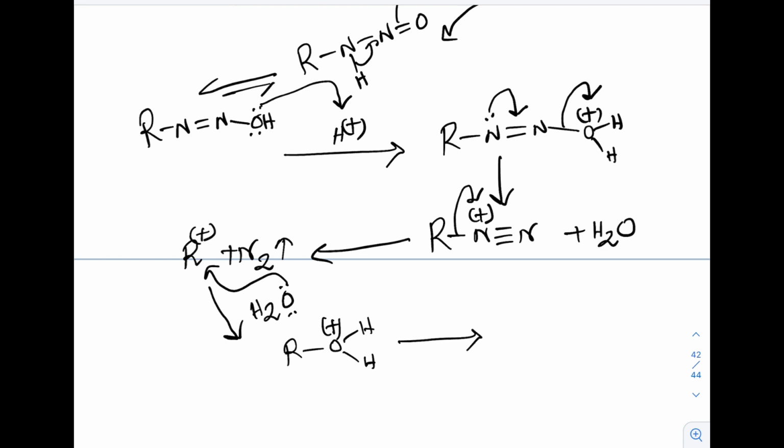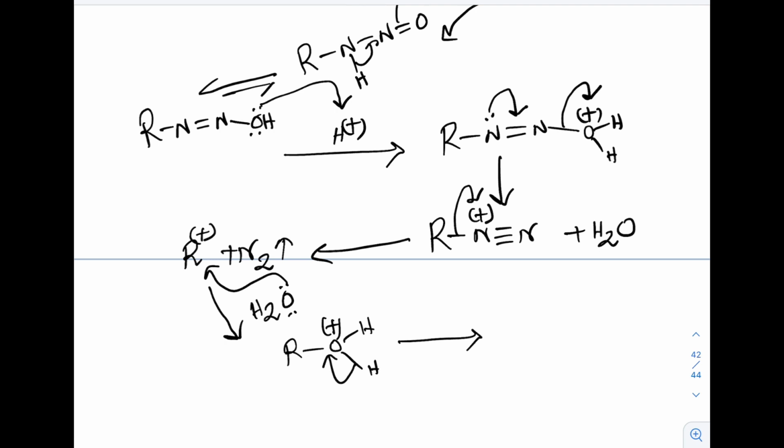So it right now wants to get stable. That's why one proton will be released. Oxygen is more electron withdrawing, so the direction of the arrow will be in the reverse way from what I have drawn earlier.